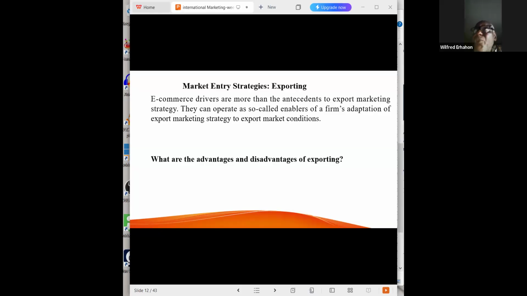Two, for the country, the whole big country, is also to earn foreign exchange, and also to make the products of the company visible globally.